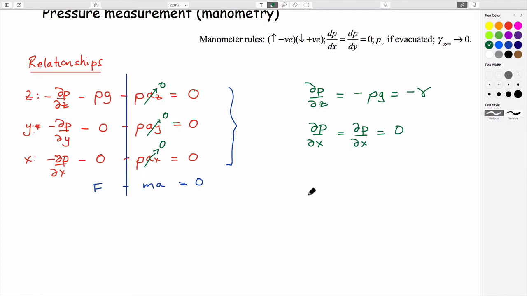And not apparent from this expression, but also important to us, is that the pressure that acts in the x direction and in the y direction and in the z direction are all equal to each other. Not equal to 0, but all equal to each other.